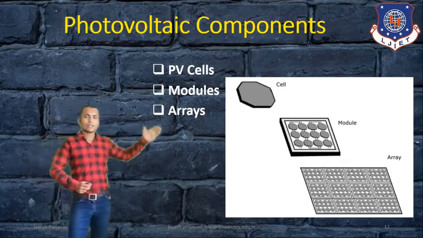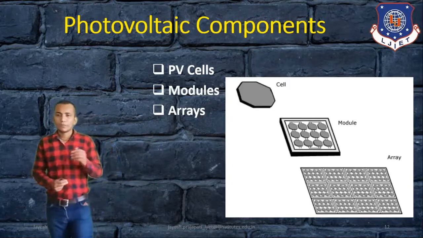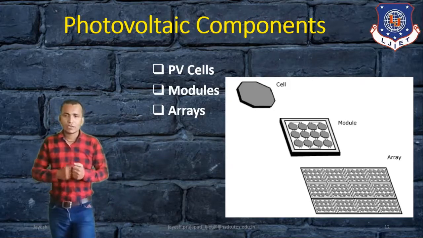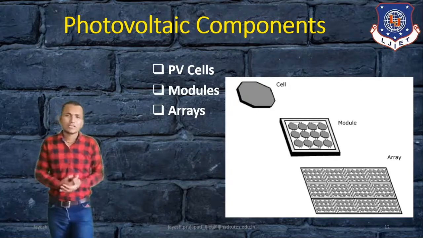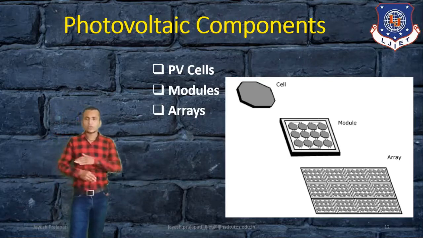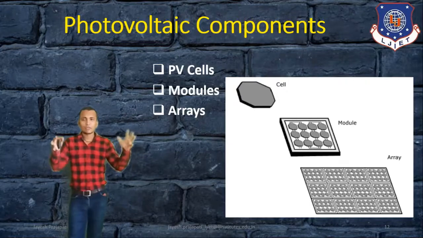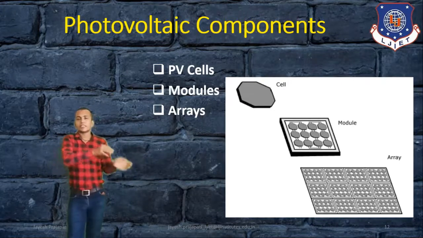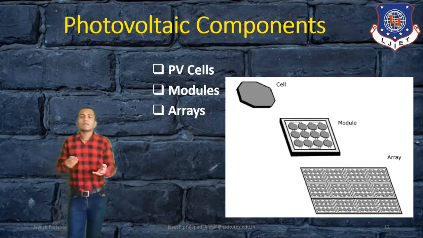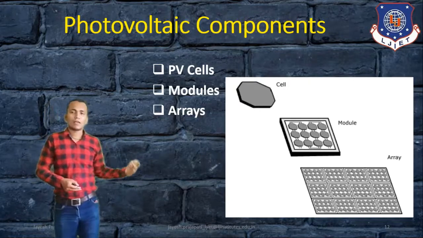One cell, then module, and then it is collected in one solar panel. Basically, a solar panel can generate 24 volt DC, and it will be connected in series. That 24 volt DC is collected in one way, then converted into AC, and then utilized in our home appliances. So that is basically how the solar system works.